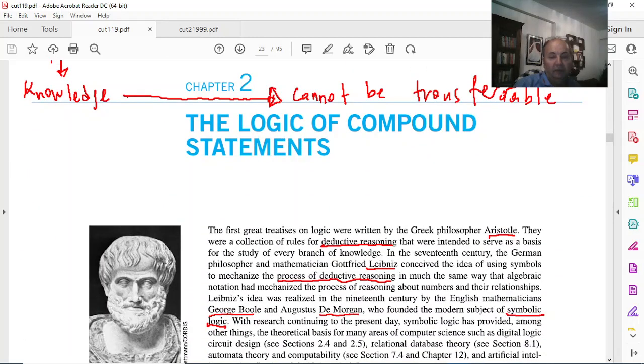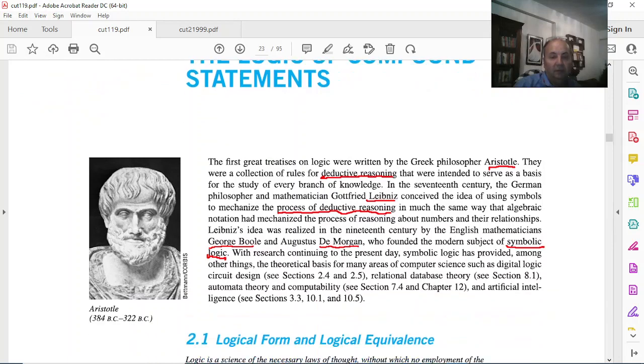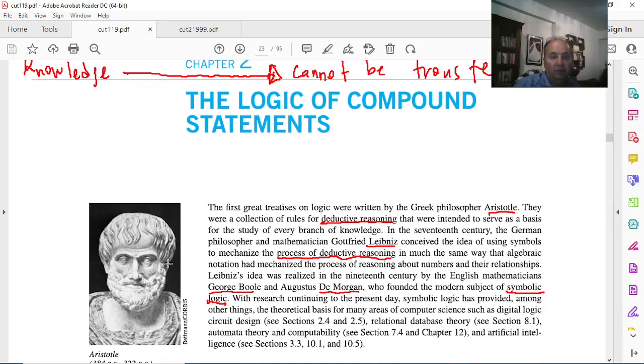And then next Tuesday we will start with the logic of compound statements. Basically, the first philosopher could be Aristotle, who introduced deductive reasoning. Later on, in the 17th century, Leibniz used some symbols and mechanized the process of deductive reasoning, part of symbolic logic language.